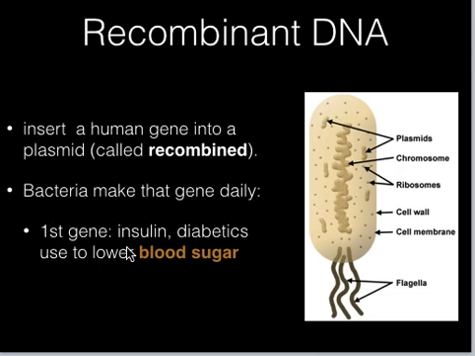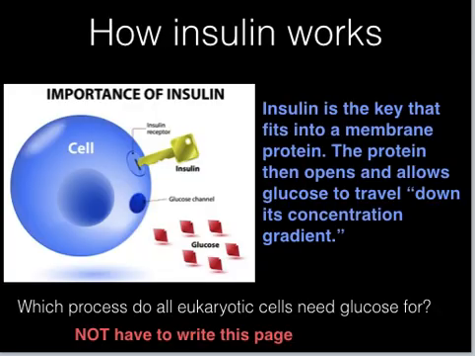And of course, if you don't remember, diabetics use insulin to lower their blood sugar. Now, just a reminder, here's the insulin. It lands on like a lock mechanism that opens a membrane protein that allows glucose to travel down its concentration gradient.